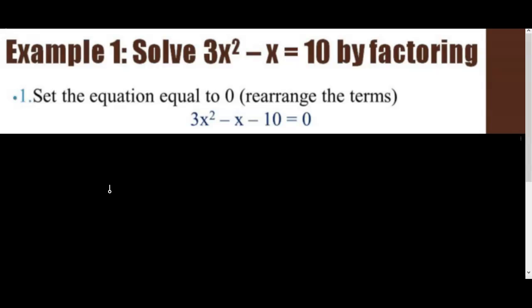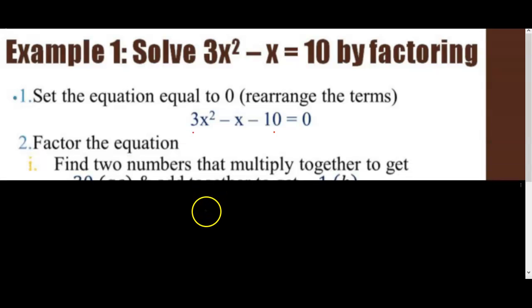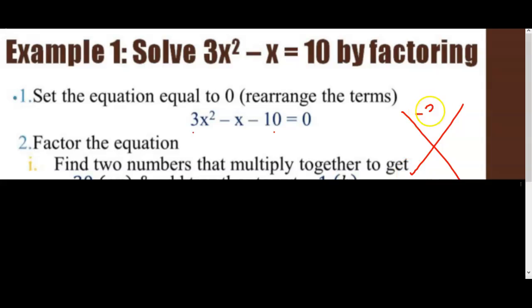Step 2 is the old stuff. So you're going to multiply the first times the last to fill in your magic x. The middle is the bottom of the magic x.